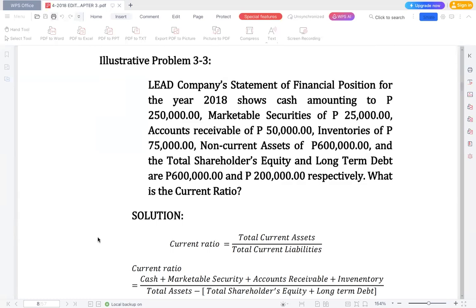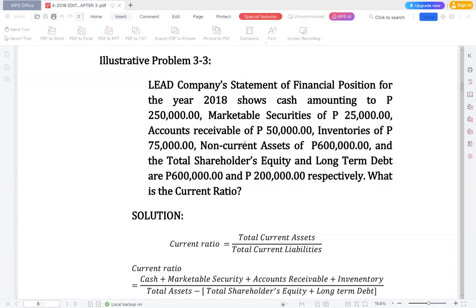So the formula again is total current asset. You have to add 250 plus 25 plus 75 plus 50. So that's your total current asset. Now, how about current liability?